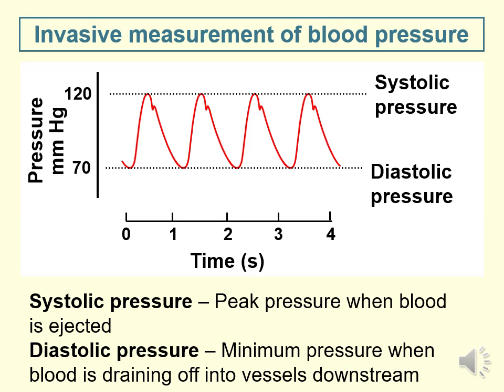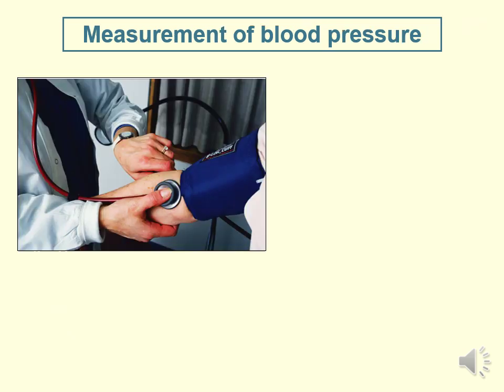You can see that there's a cycle here in the trace at the top. The blood pressure increases as the heart contracts, and that produces the systolic pressure. Then as it relaxes and refills with blood, that produces the diastolic, which is the lowest pressure that the blood pressure drops to when the heart isn't actively contracting.